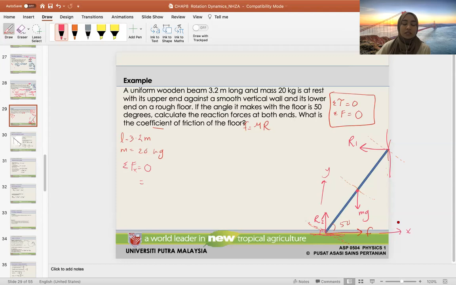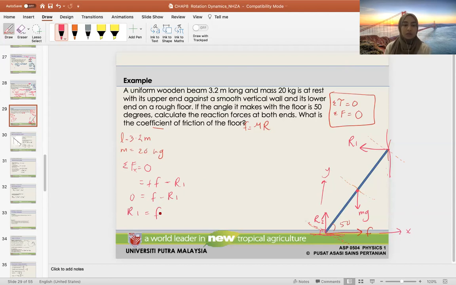In the x direction, I have friction to the right, which I'm going to say is positive. I have reaction force to the left, which is negative because it's in the opposite direction. Everyone is following me so far? No panic, right? So R1 is equal to friction.